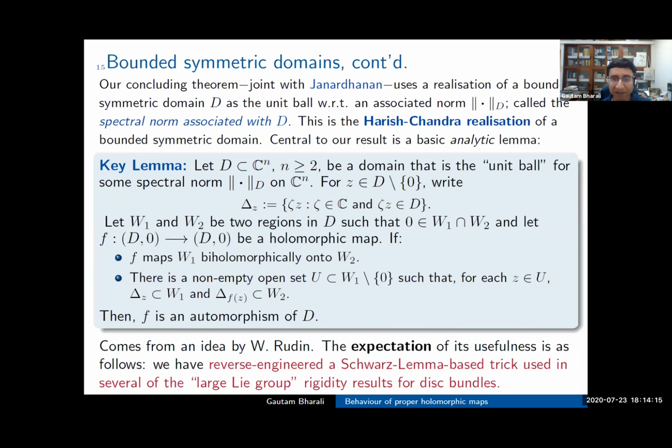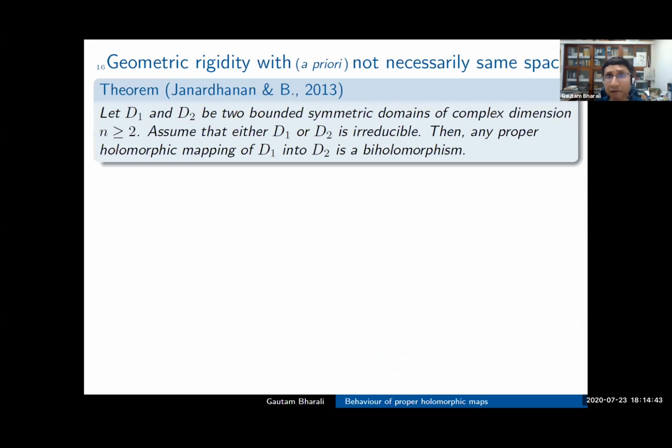This lemma is sort of a reverse engineered lemma that one sees in several of the results that I merely alluded to in that slide where I talked about the broader universe of geometrical results involving the action of a Lie group. So this is what I meant by there are heuristics in this other universe that we can steal from. Okay, so I have 2 more minutes.